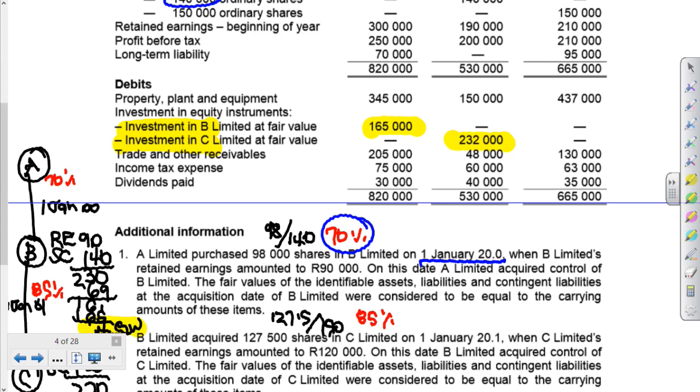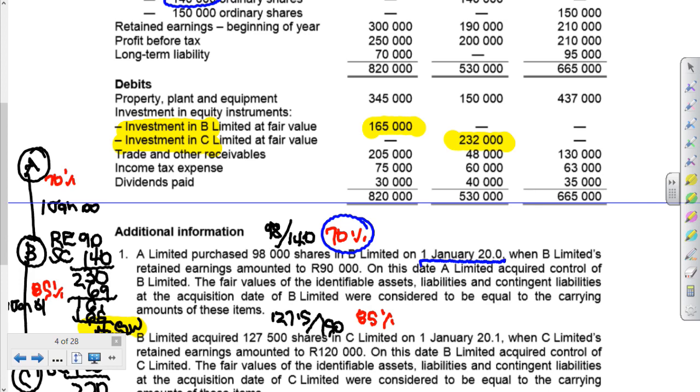At that stage, B's retained earnings was 90. They acquired control. They always need to tell you if you acquired control, because remember, control isn't necessarily a result of voting. So it could be that we have the majority of the shares, but that we don't have control. The fair values of assets and liabilities were considered to be equal to carrying amount, so no adjustments to be made.